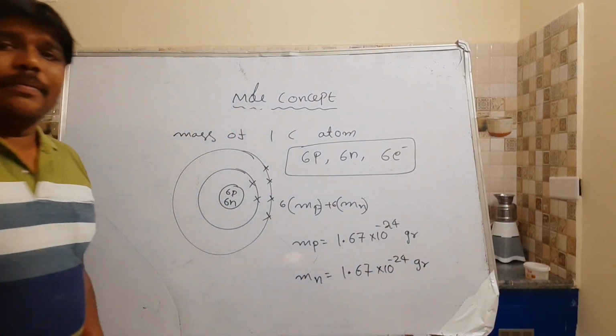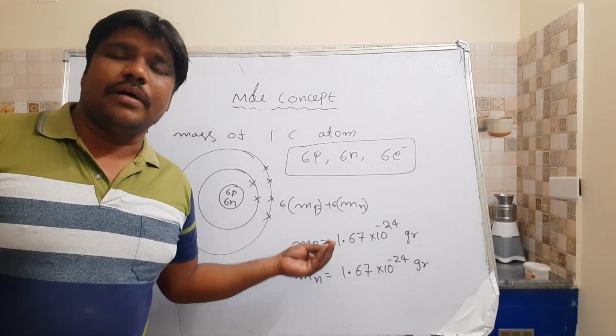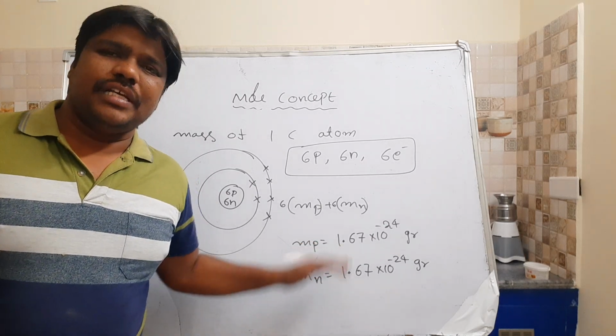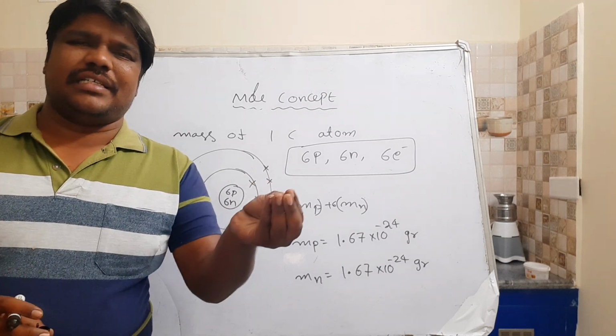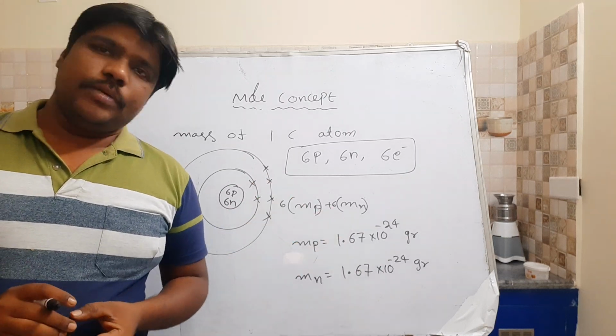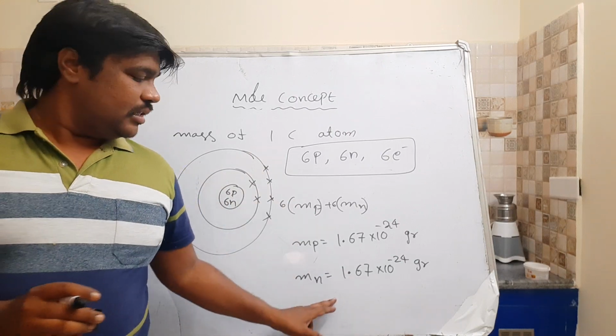The mass of a neutron is slightly in excess when compared with the mass of a proton, but you just take them as equal values. Don't bother about that negligible excess for the neutron.